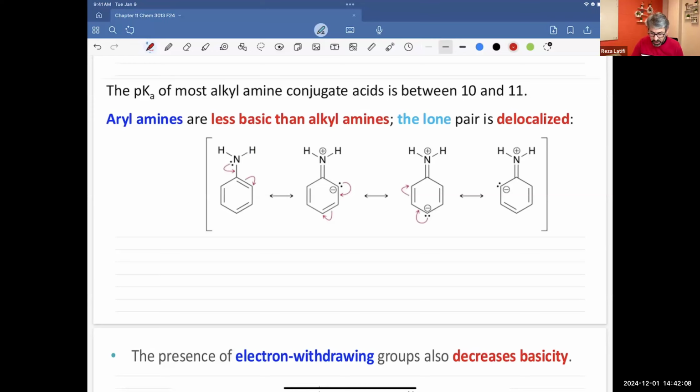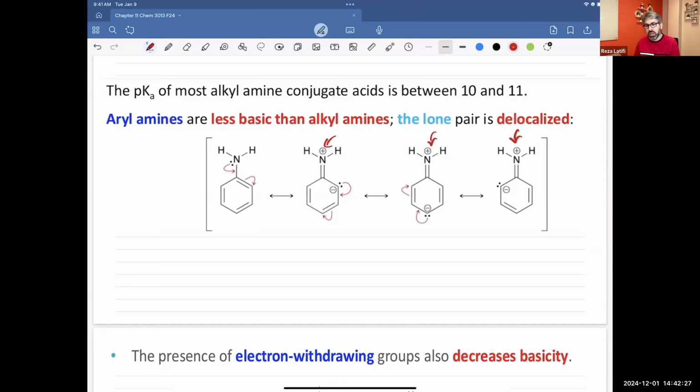As you see, except for the first one, on nitrogen we have a positive charge instead of a negative charge. So here, we have positive charges. I'm going to say nitrogen is not that strong a base anymore. Why?